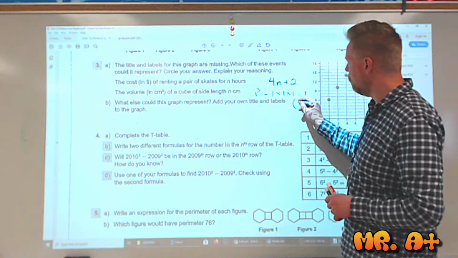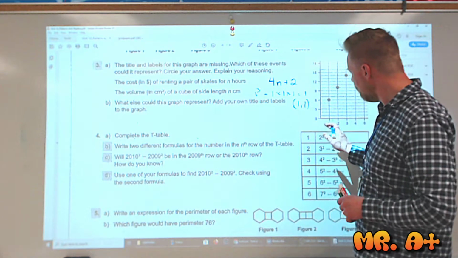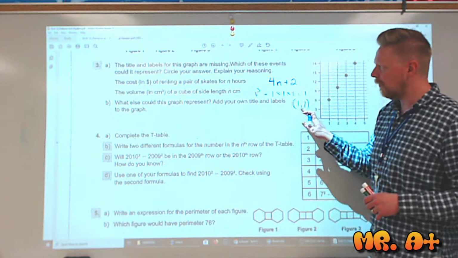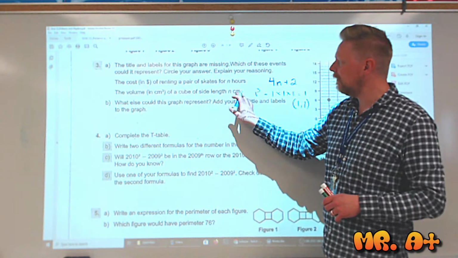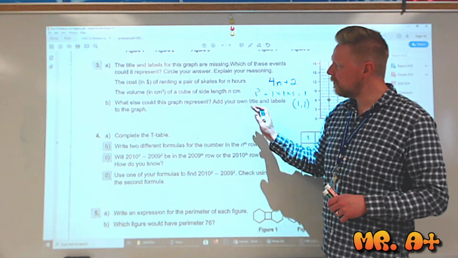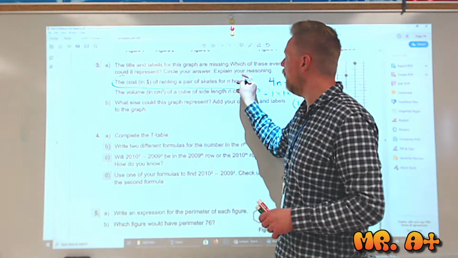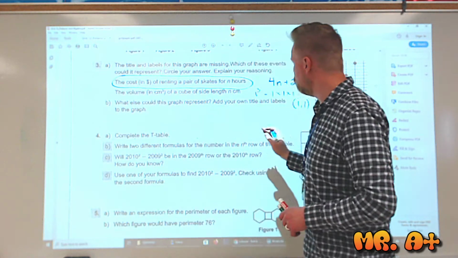My value then would be 1 and 1. And I'm looking at the graph here, and I've got the value of 1 and 6. So I don't think it could be the volume of a cube, which means it must be the cost of renting a pair of skates for n hours. That seems like a legitimate thing.